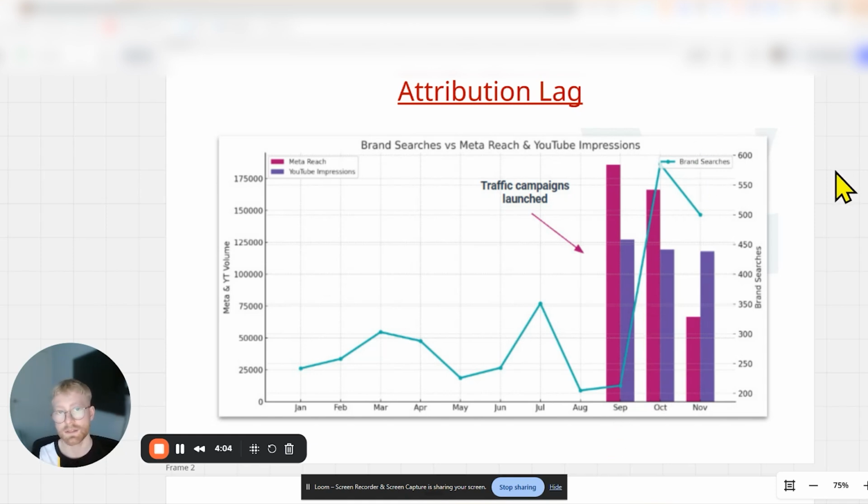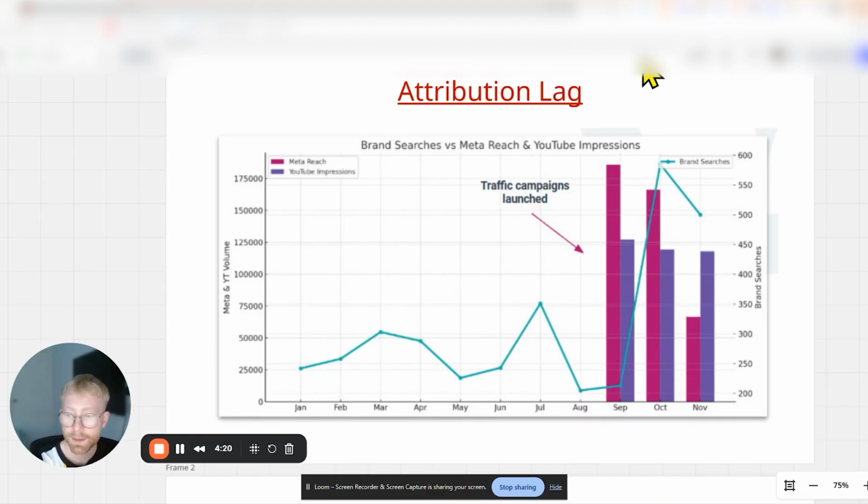What this means is people were seeing ads across YouTube and Facebook, and then days later, roughly 11 days after, they were coming to Google, typing in the brand and potentially converting.